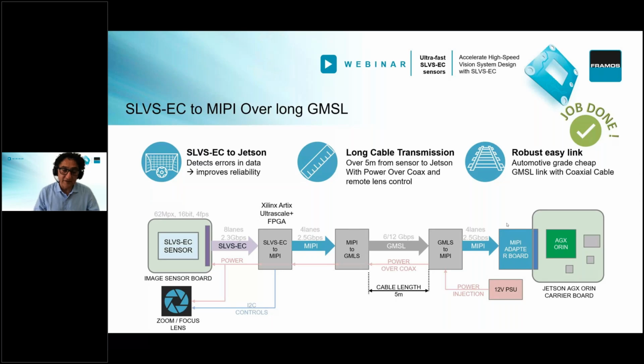In this case, the data rate was not so fast, not so demanding. So is it possible to do SLVS-EC to MIPI? And then what we did is also convert MIPI to GMSL. After the 5 meter cable length, we go back with the GMSL deserializer to MIPI, and then the ORIN is seeing the standard MIPI D-PHY image stream, and it can be handled.